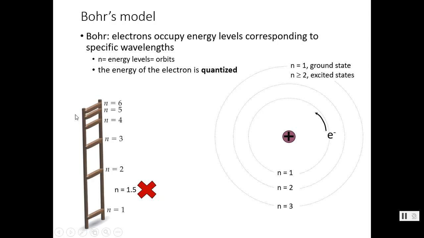Kind of liken it to this concept of quantization. I kind of allude to it with this stair-step model with the ladder. Ladders have steps in even integers. There's no 1.5 step. Okay. As you increase or get further away from the nucleus, your n increases. So your energy level increases. That's the first point.